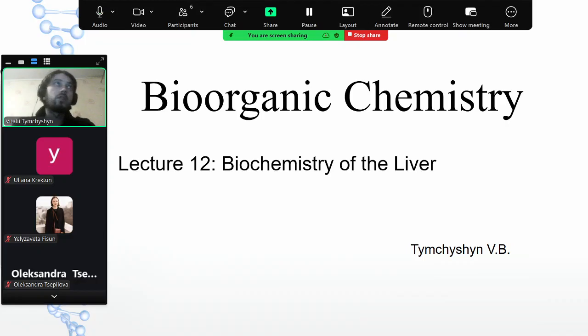There is an enormous number of known biochemical pathways going on in the liver. As far as I know, it's something around 500 known biochemical pathways. That's of course not including unknown pathways that we may not know about. So it's a really large field to study and get through.